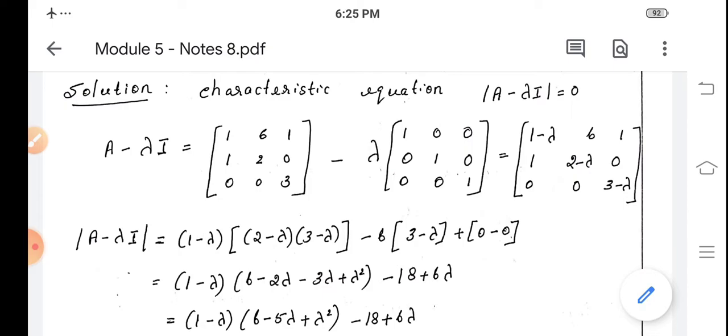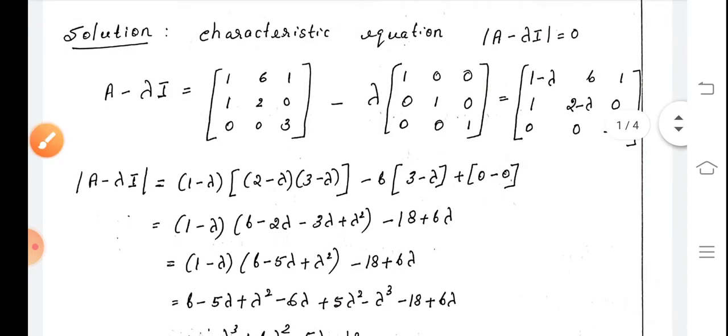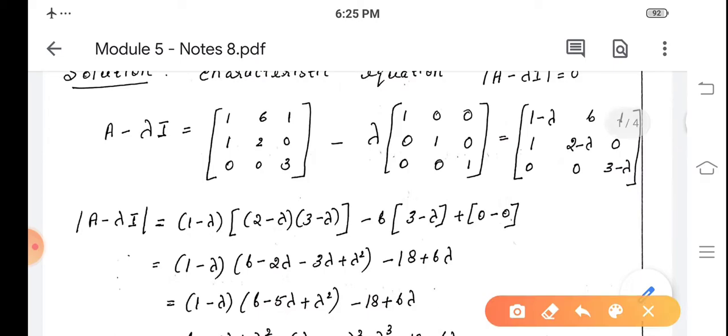Now we find the determinant of A minus lambda I. The determinant is 1 minus lambda into 2 minus lambda into 3 minus lambda, then minus 6 into 1 into 3 minus lambda, plus 1 into 0, that will be 0 minus 0.